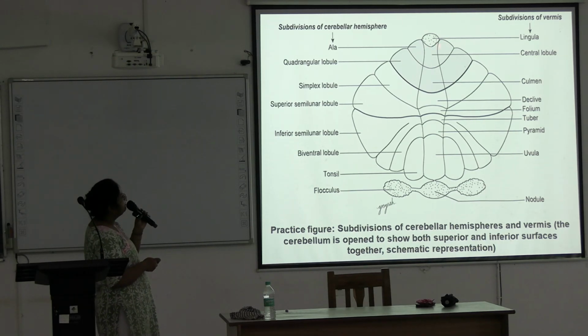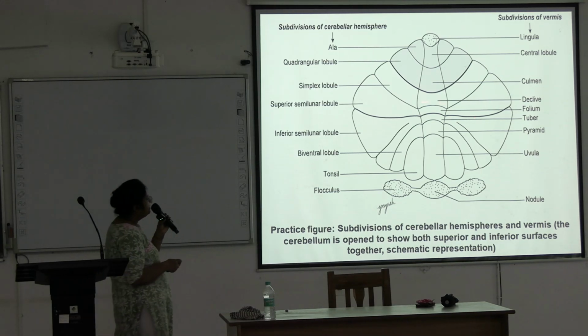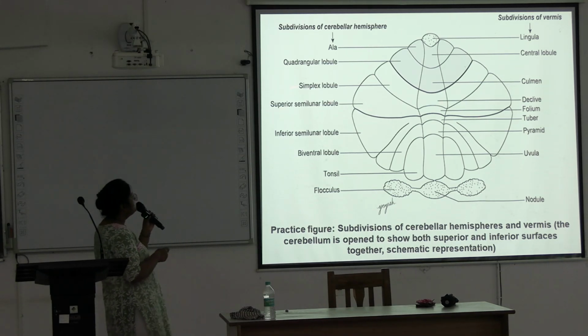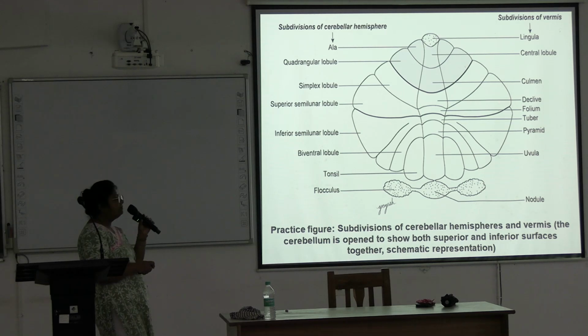Second is the central lobule, whose corresponding part is the ala of the cerebellar hemisphere. Next is culmen, whose corresponding part is the quadrangular lobule. After that is the declive, whose corresponding part is the simplex lobule. Next is the folium, and near it lies the superior semilunar lobule.